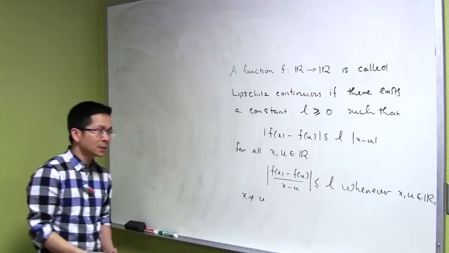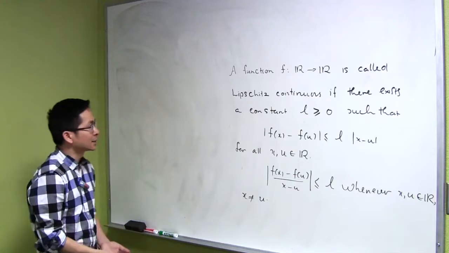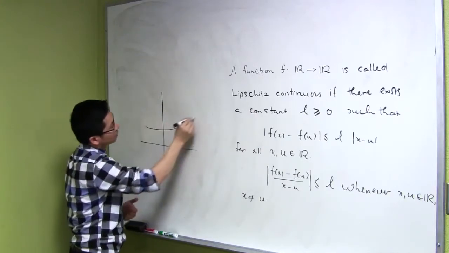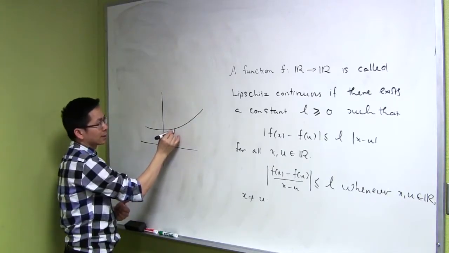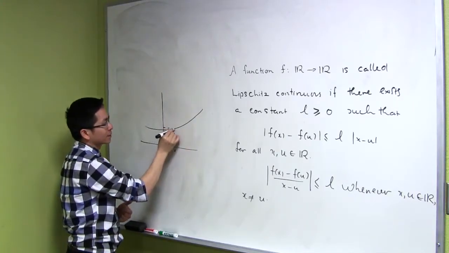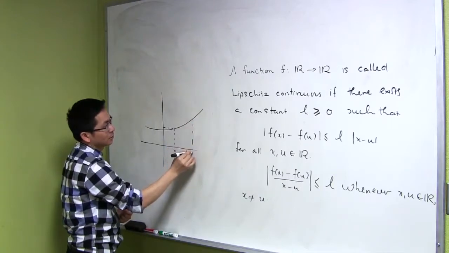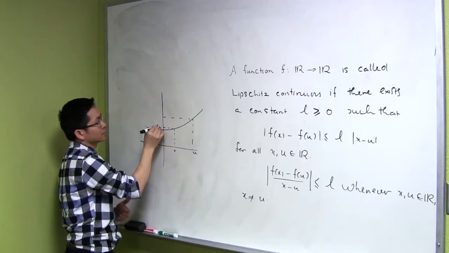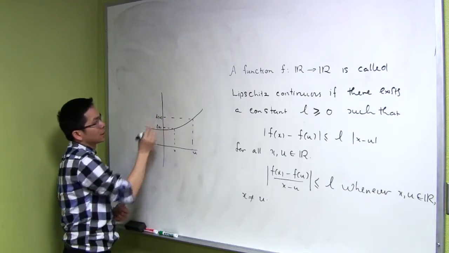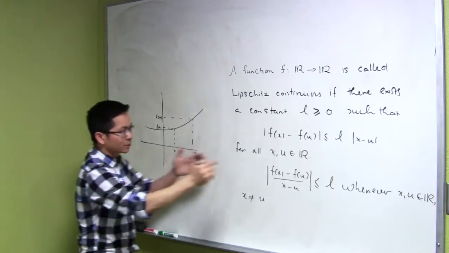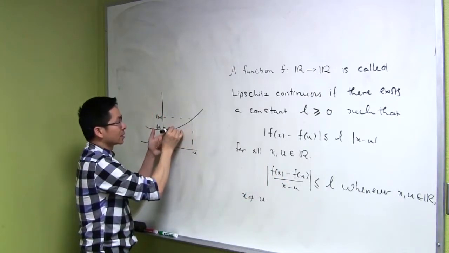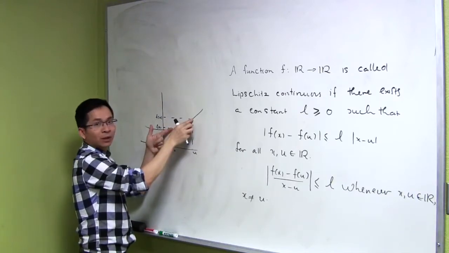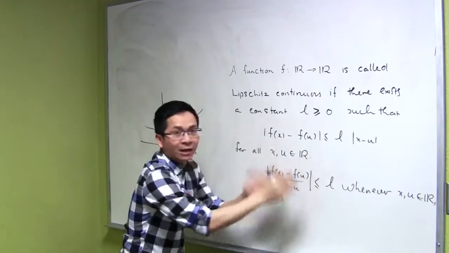So if we look at the graph of the function, and this is x and this is f of x, and this is u and this is f of u, we're going to see that the absolute value of the slope of the secant line connecting this point and this point is bounded by L.